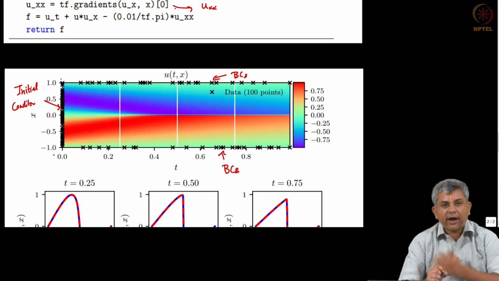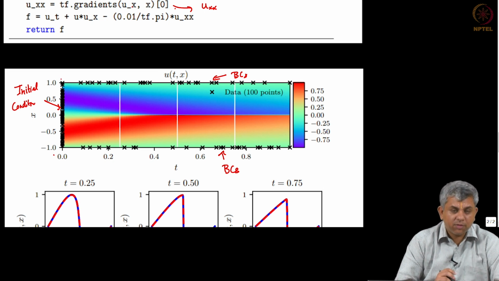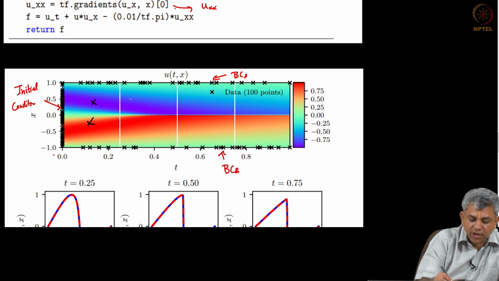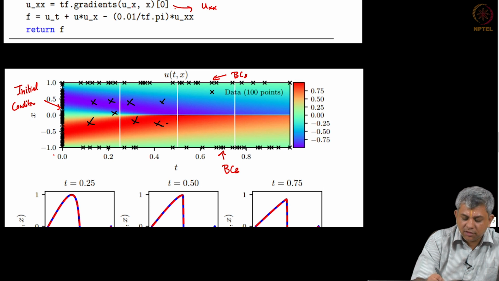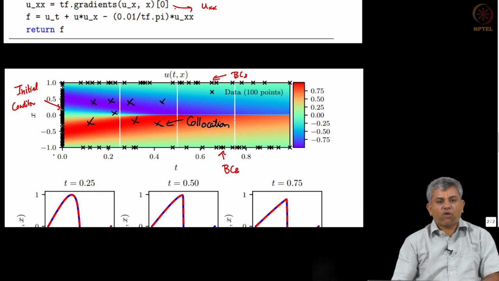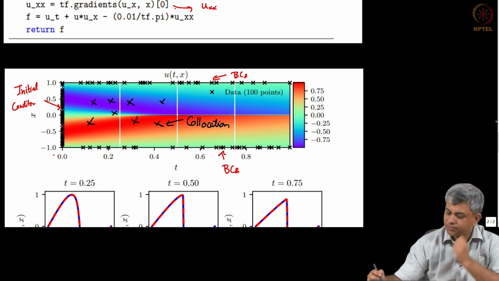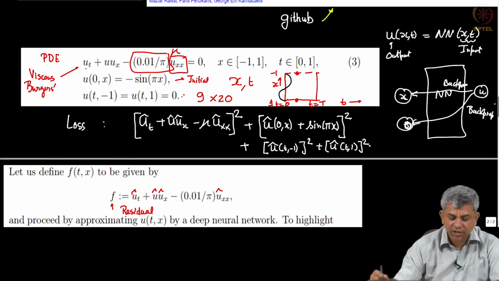Okay. And apart from this, remember the ODE example that I gave, you will have to actually take lots of points between these, they call collocation points. These are the points where you want to make sure that the differential equation is satisfied.